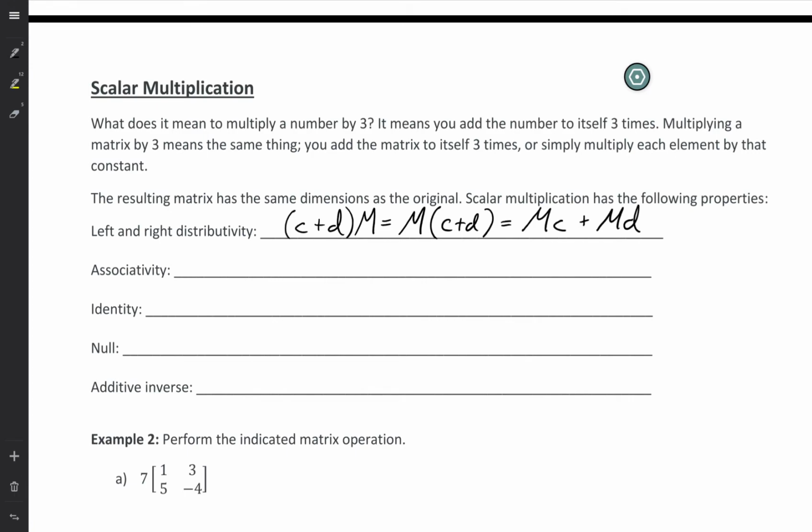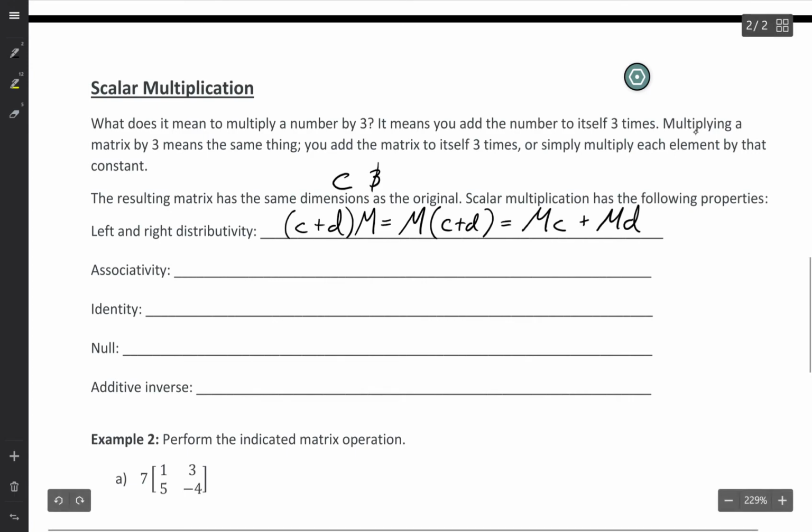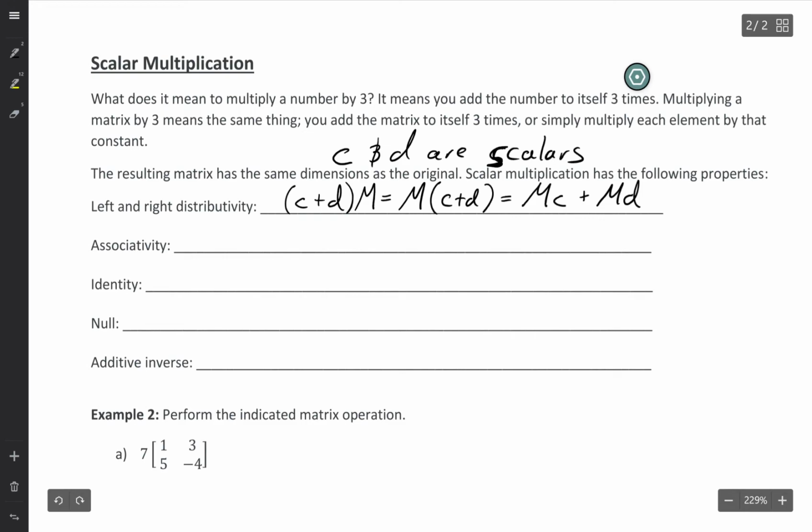So let's write that down: C and D are scalars. Make that an actual S. As you can see, even though I'm filming, I still make mistakes.